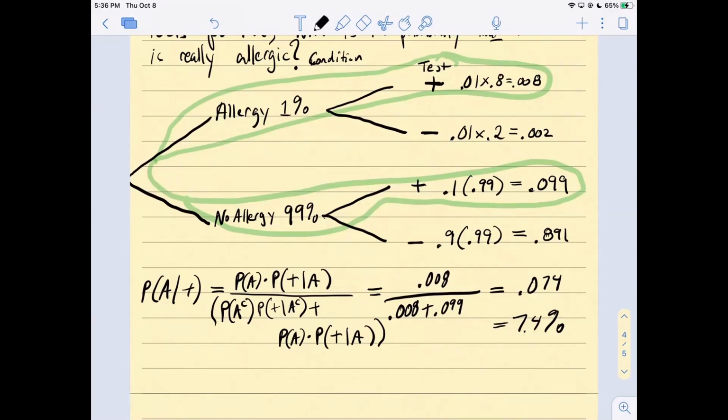Excellent. Awesome, Quentin. So when you have a really rare condition, even if your test is super accurate, the false positives on the larger population that doesn't have the disease will give you a lot of positives overall. So if you're interested in the chance of having something given that you test positive, the positive universe is way larger than just the people who have the disease and test positive, because it has been overweighted with false positives.